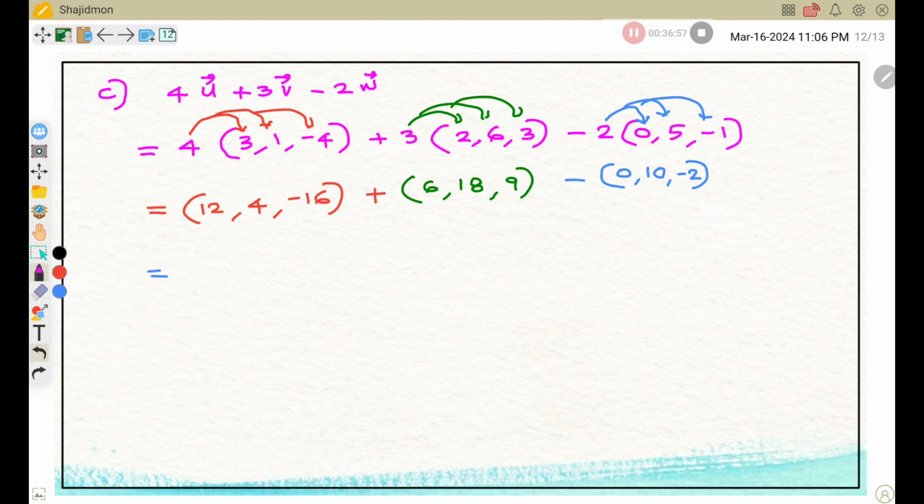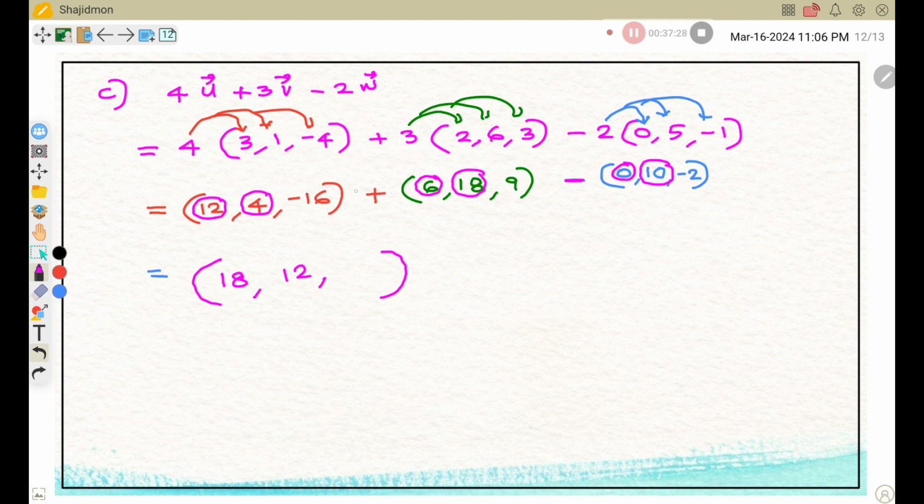How do we add the vectors? First numbers first: 12 plus 6 minus 0, that is 18, the first number. Now the second numbers: 4 plus 18 minus 10. This minus sign is important. 22 minus 10 is 12.